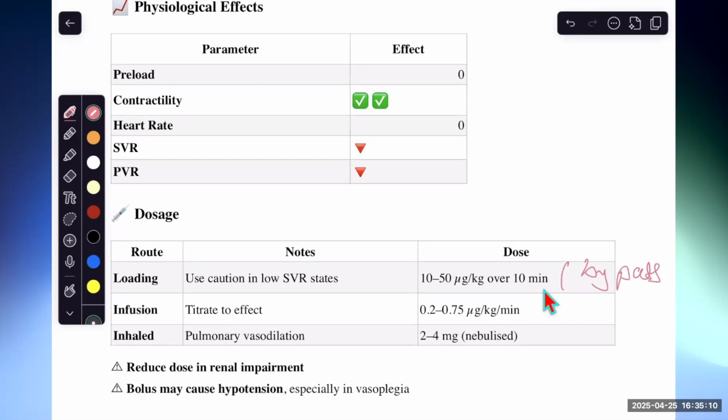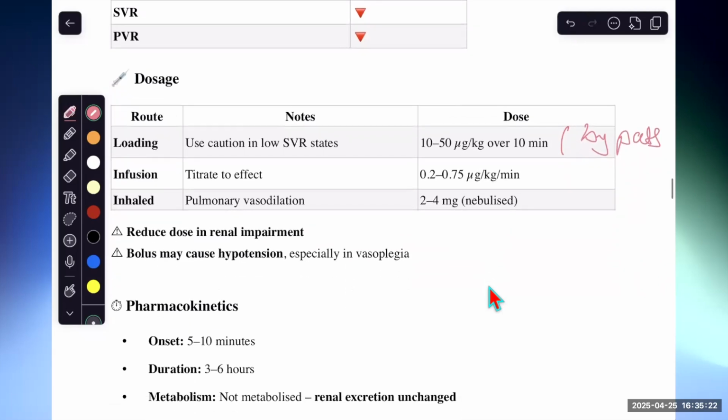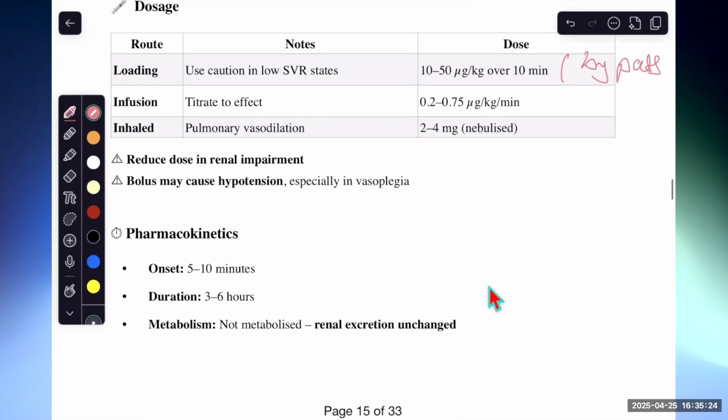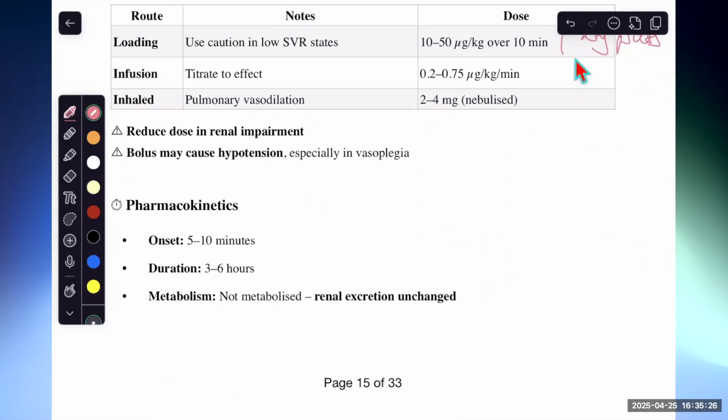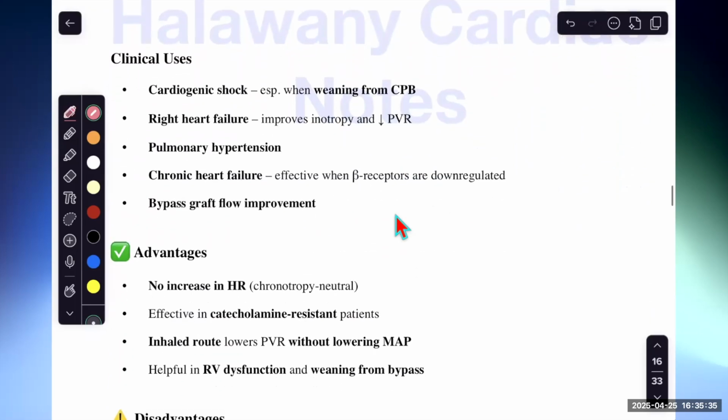When the patient comes off, if you start it without a bolus, it usually has more of a dilator effect than a contractility effect, reducing renal perfusion, and boluses can cause hypotension. That's why if you're going to use it as a bolus, give it on bypass before weaning off. Metabolism is the same. You are using it maybe during weaning of bypass.